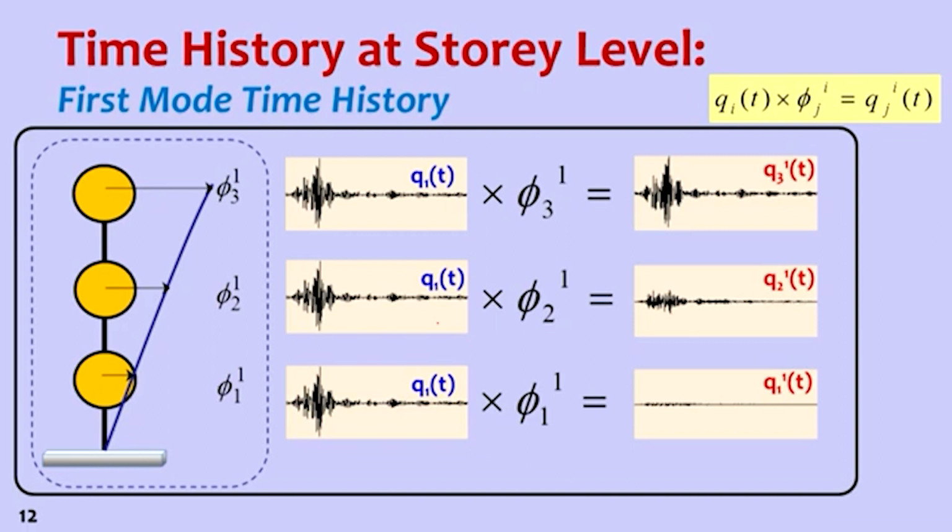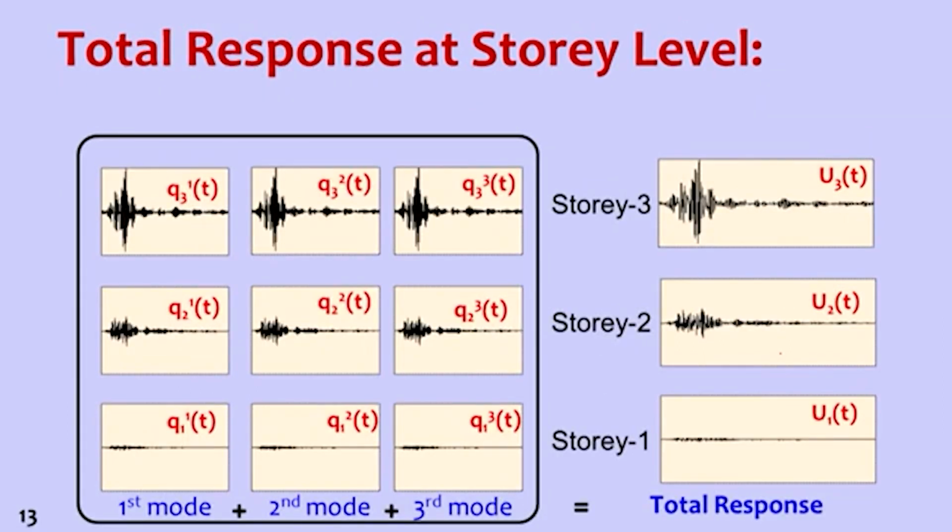Now what we get is this. So for the first mode, you can see this one. So we get Q1 of 3, Q3 of 1, Q2 of 1, Q1 of 1, and then we get this. Story 1 U1, story 2 U2, story 3 U3.